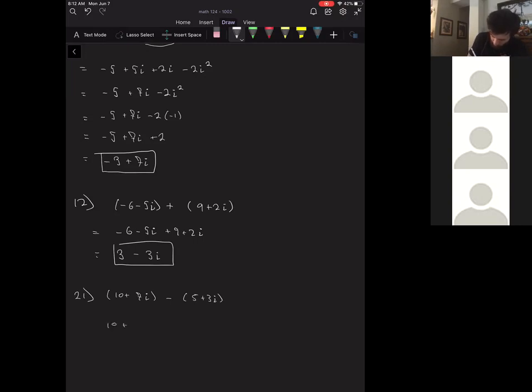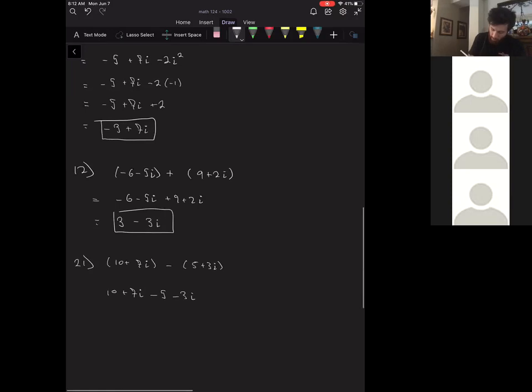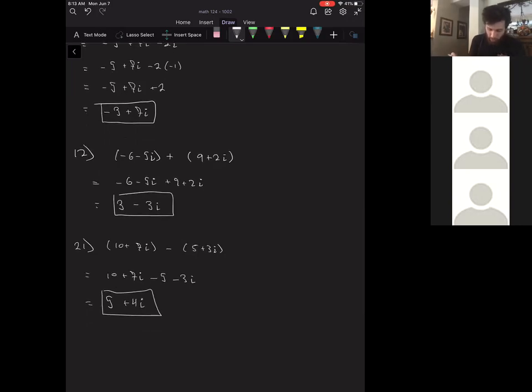So 10, 7i, minus 5, minus 3i. So just distributing the minus sign through the second set of parentheses. So then we have a 10 and a minus 5, which is just a positive 5. And then we have a 7i minus a 3i, so a 4i. So again, basically all we're doing is treating this i as a variable right now. So nothing really special is happening.